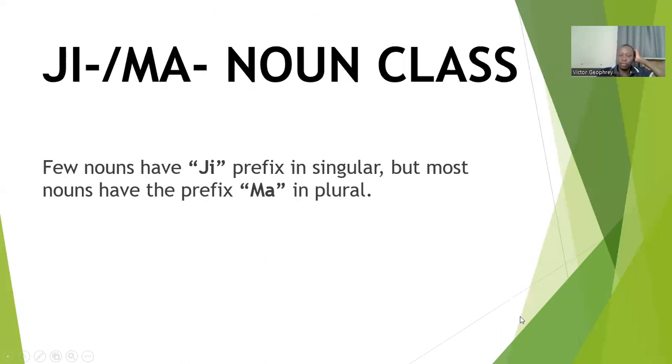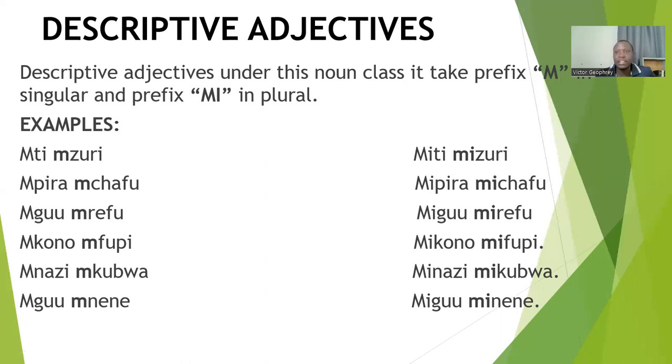So the most important thing over here is to know the words that are used to describe. After knowing those words, you take the root of that word, or what we call the stem. Then you check if the noun that you want to describe is singular, just add the prefix "m" in front.